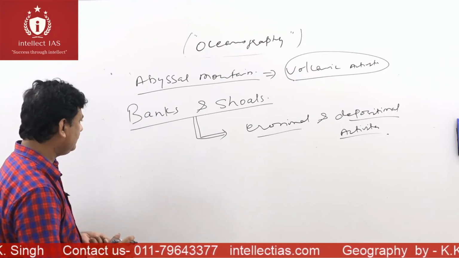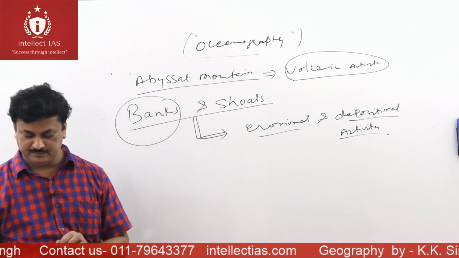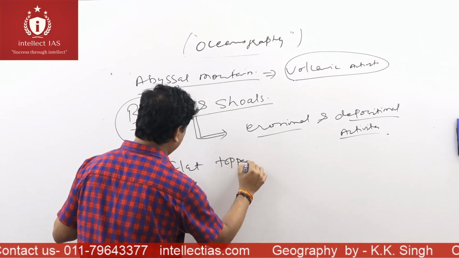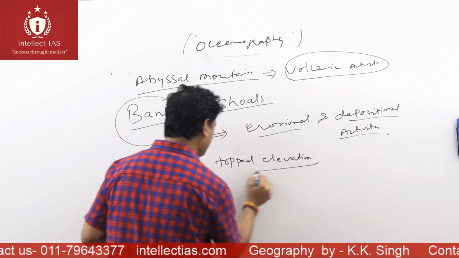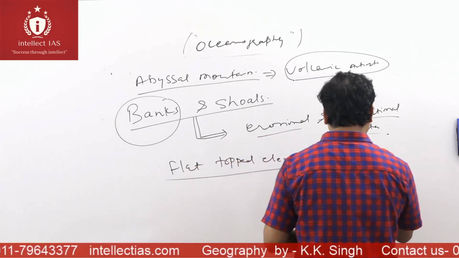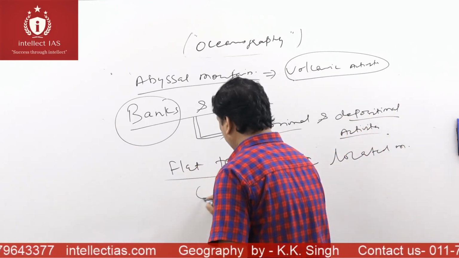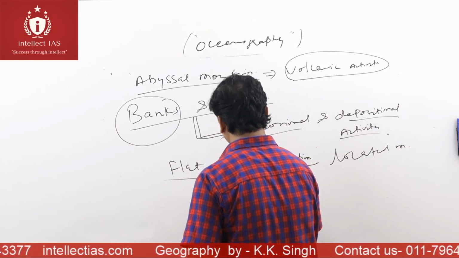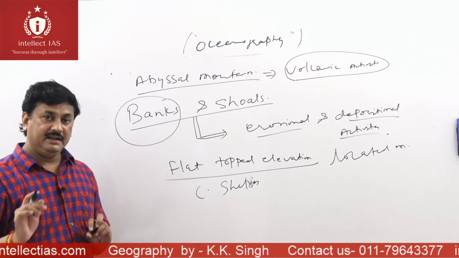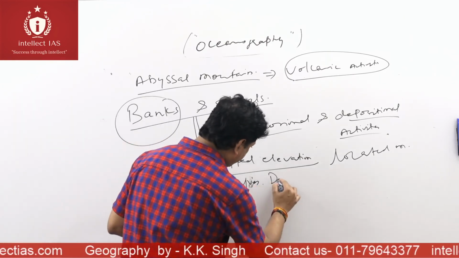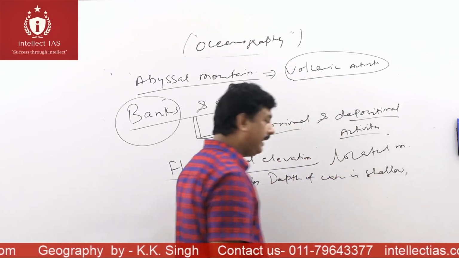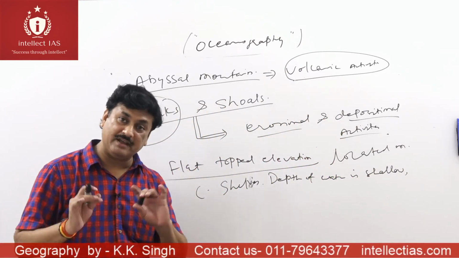Okay, now banks are basically flat topped elevation, okay, flat topped elevation located on continental shelf, and depth of water is shallow, but enough water is there for navigation of ships.